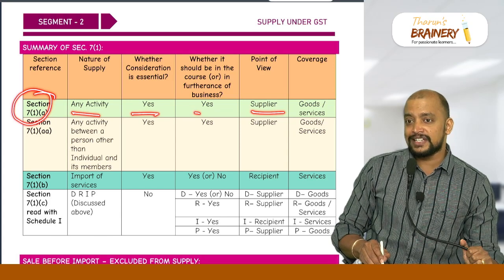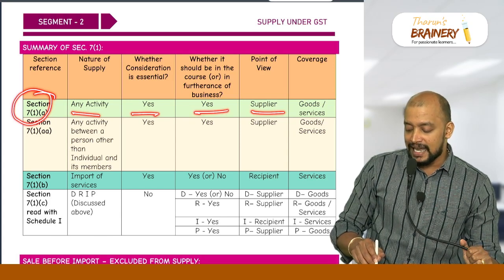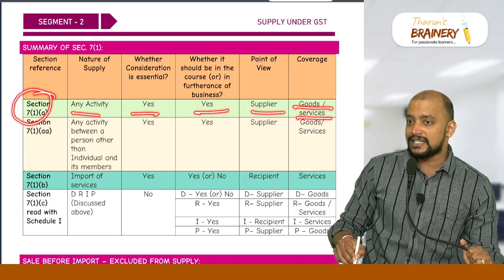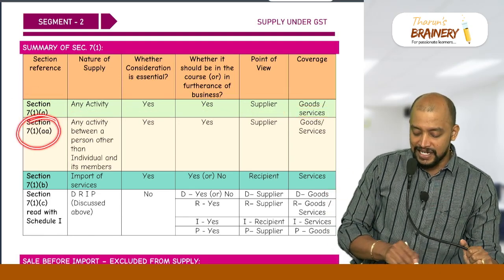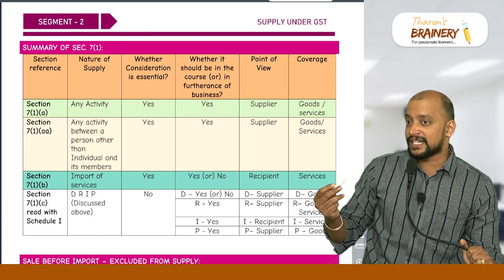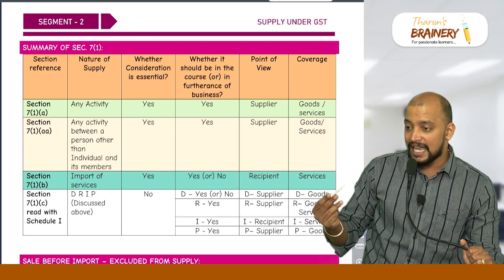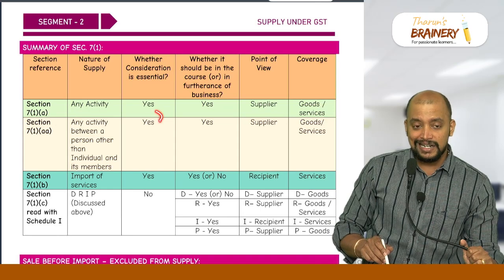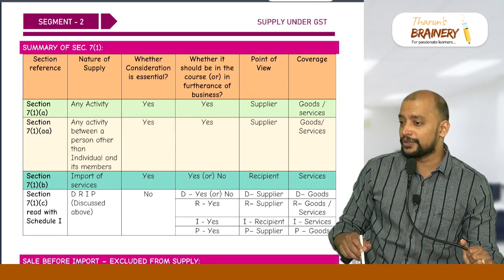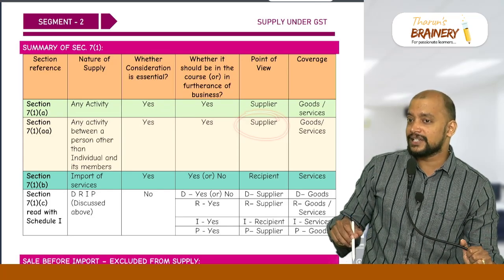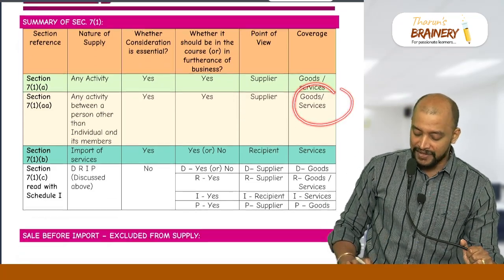In the course or furtherance of business, yes. Coverage, let it be goods or services. 7.1aa is any activity between a person other than an individual and its members. Consideration yes, course or furtherance of business yes, point of view supplier, coverage goods or services.